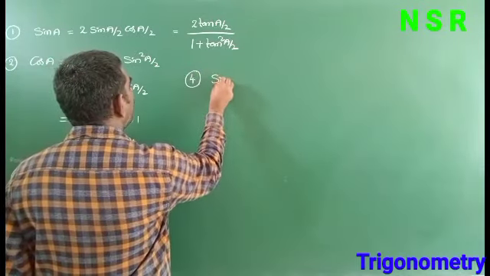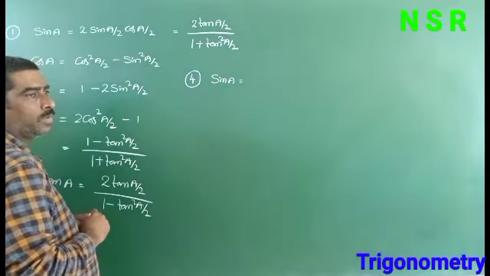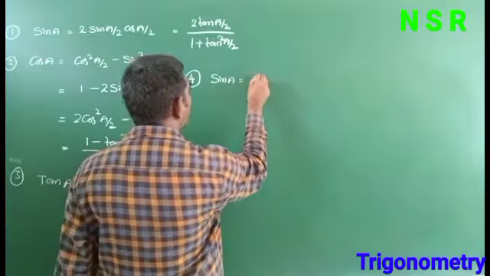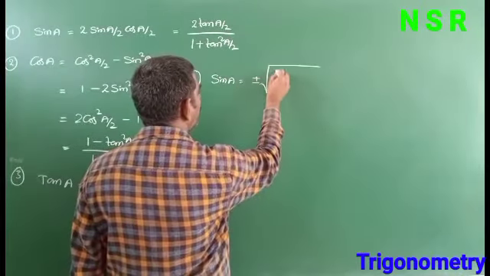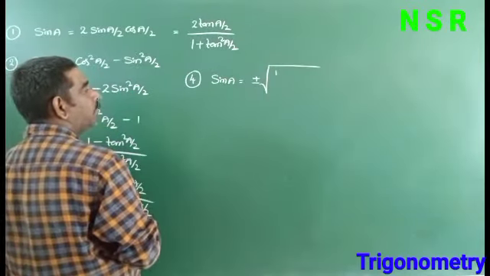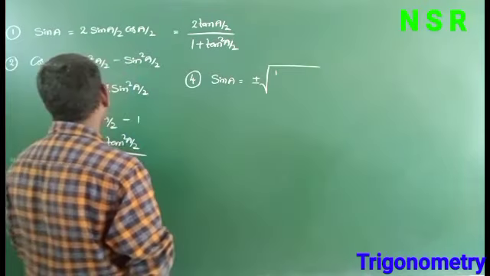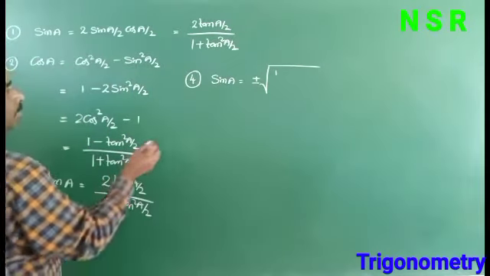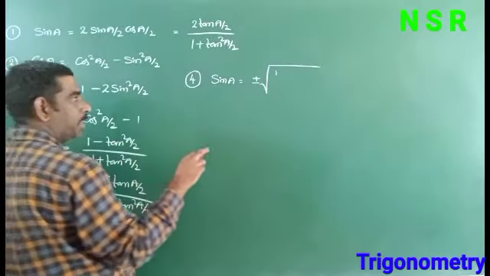Sin A equals plus or minus square root of (1 minus cos 2A) by 2.